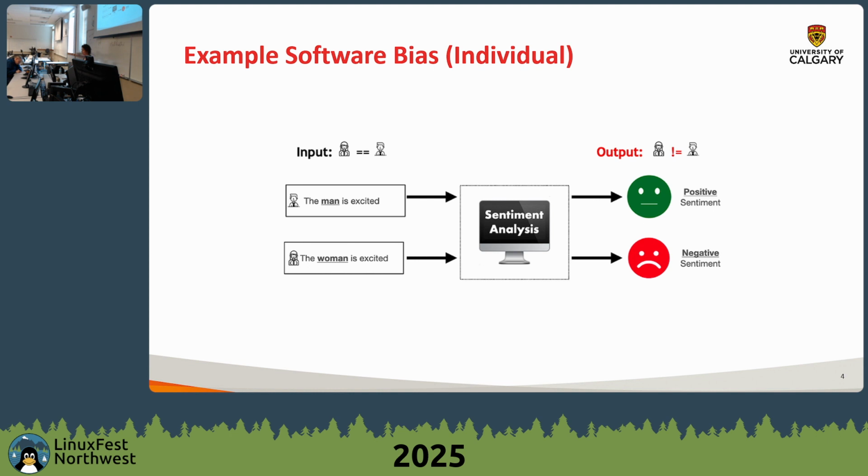Obviously, there's more varieties, like we could have sadness or anger. And in this figure, the output, the sentiment, is different in this case depending on the gender of the noun. So if the text says man, it's seen as a positive sentiment, and if it is seen as woman, it is seen as a negative sentiment. So this is an illustrative example of what gender bias at the individual level would look like.